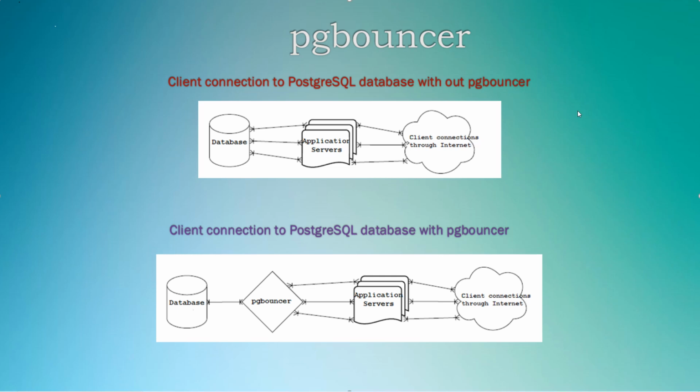Whereas with pgbouncer, whatever client connections come through pgbouncer will also establish a session at the DB level. The moment the client operations like DML or DDL operations get over, the client closes his session, but the respective session at the DB level will go to idle state, and it can be used for new connections which are coming through pgbouncer.